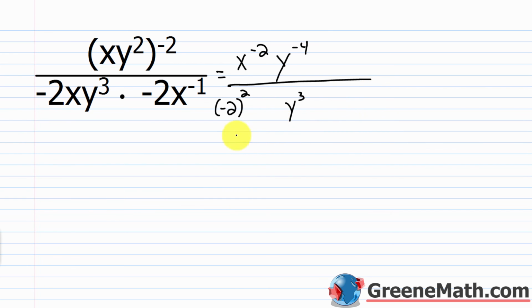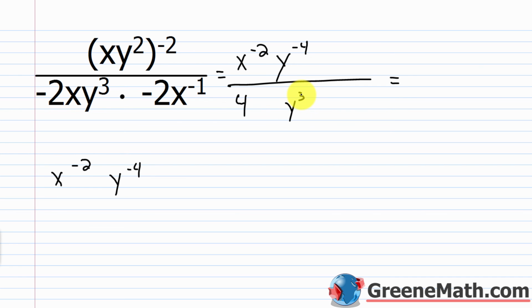So I'm just left with this negative 2 inside of parentheses squared, which I'm just going to write as 4, times y cubed. Now, to simplify this further, in the numerator I have x to the power of negative 2 and y to the power of negative 4. I have a y cubed down here.